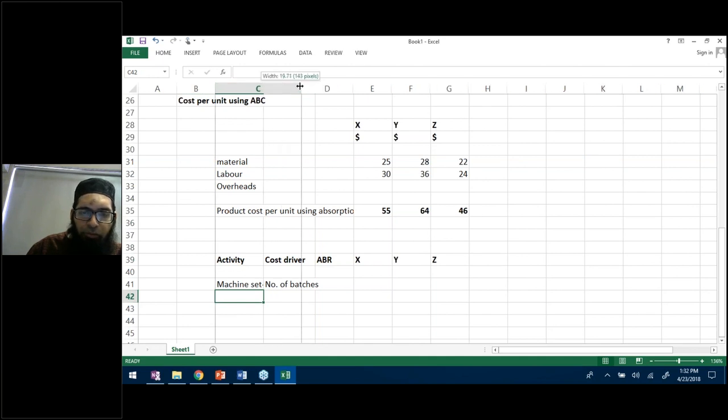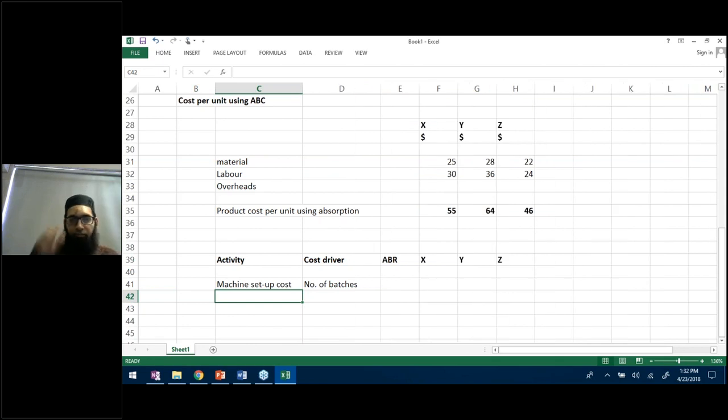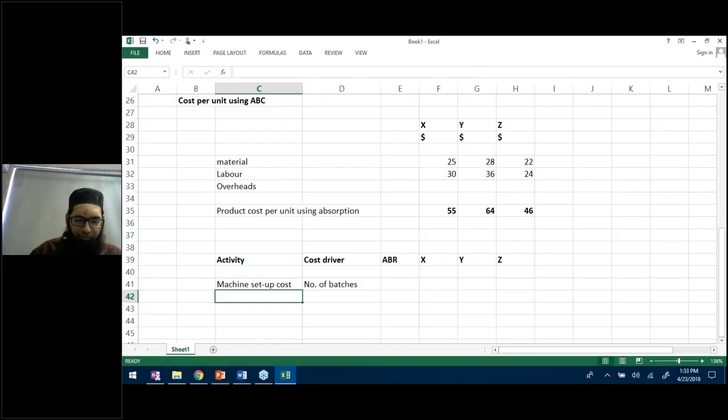Let me open it for you. Now the other cost is material ordering cost, and its cost driver is number of purchase orders. So material ordering cost, and it is number of purchase orders.